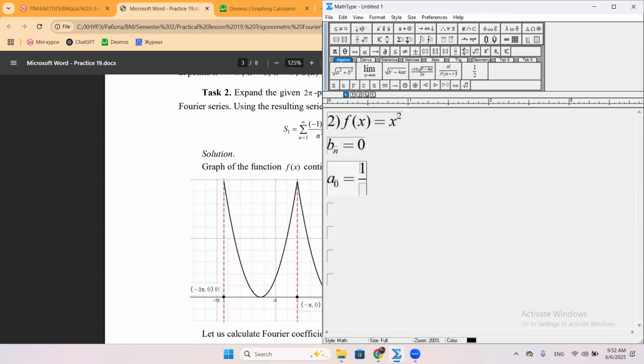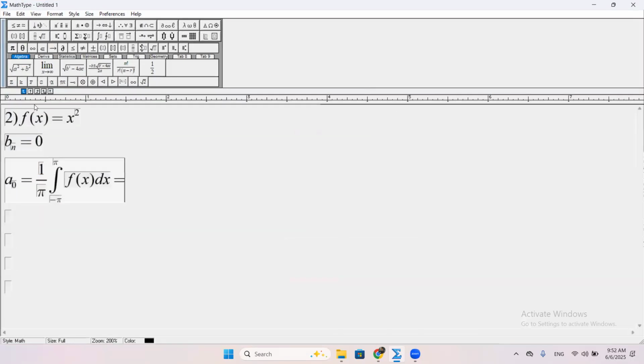Again, we'll use the formula that we used before. So x squared dx. But we can simplify this integral by taking into consideration that the function is even. So we'll multiply it by 2 and integrate from 0 to p.